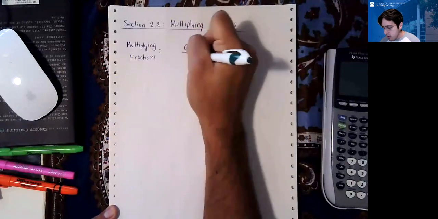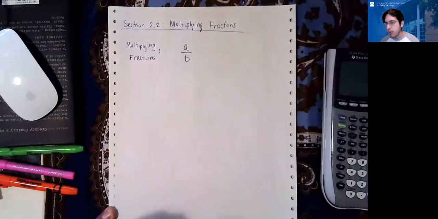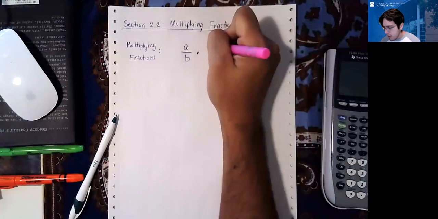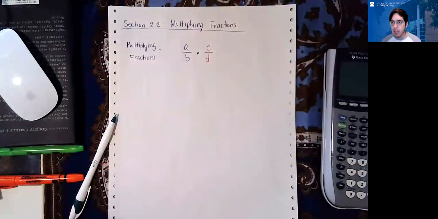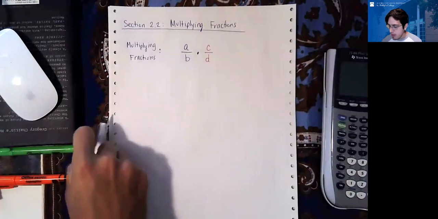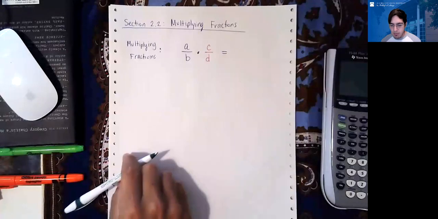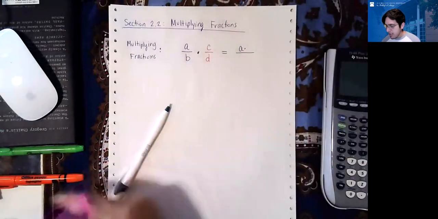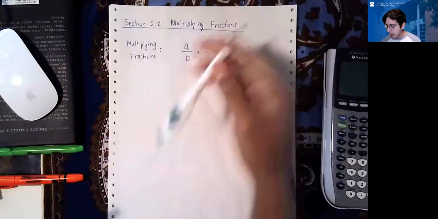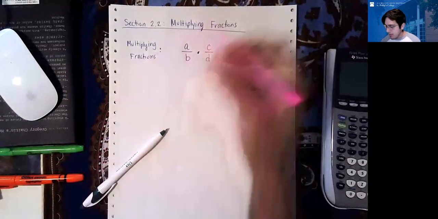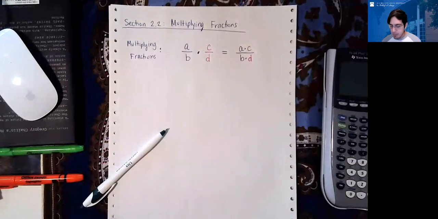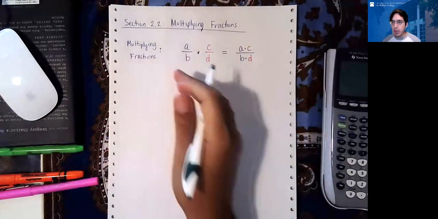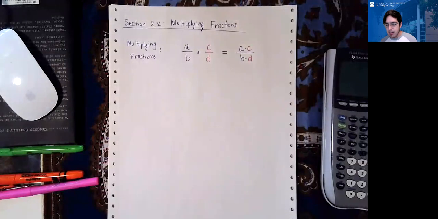If I have A over B, some fraction with a number on top and a number on bottom, and I multiply that by another fraction, let's call that C over D, two different numbers, then my result should be a fraction where on top I have multiplied A times C, and on the bottom I have multiplied B times D. In other words, you're multiplying straight across: numerator times numerator, denominator times denominator.